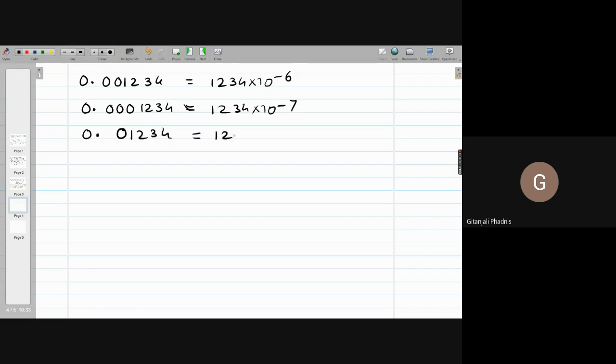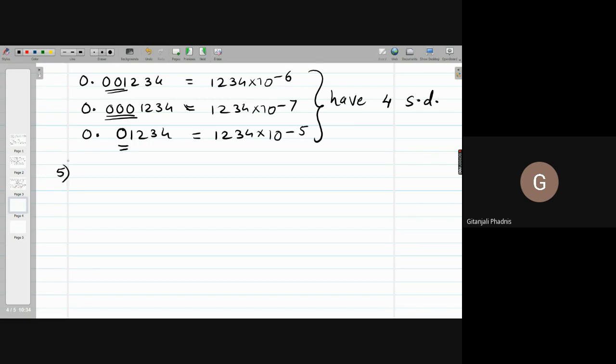So the numbers are different, but because of this notion, how many significant digits do all of them have? 4. Each of them has 4 significant digits. The numbers are different, but all these zeros which occur between a decimal point and a non-zero digit become non-significant. Okay?